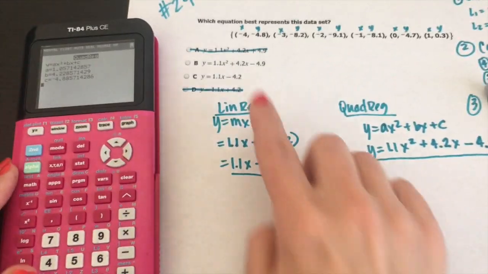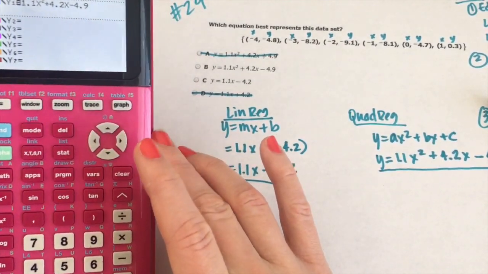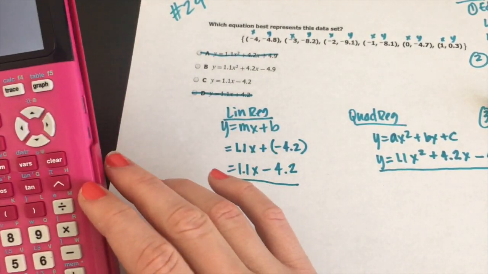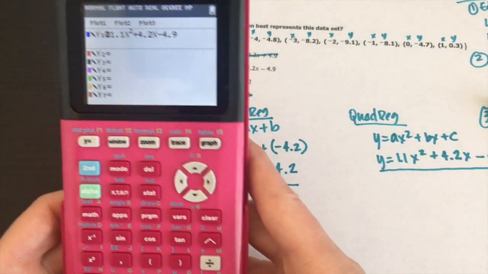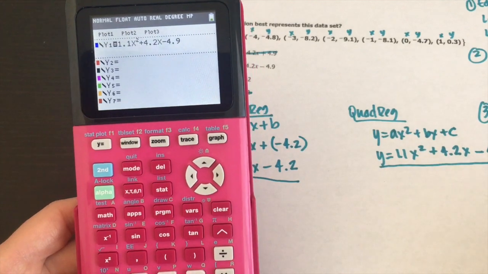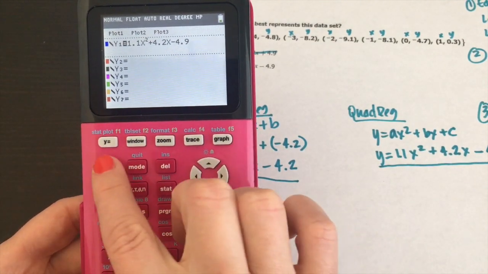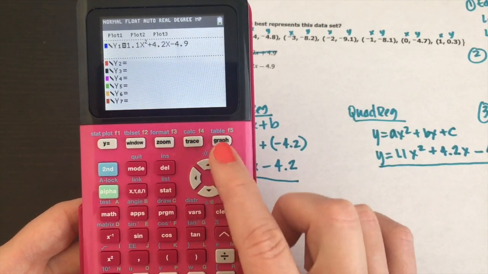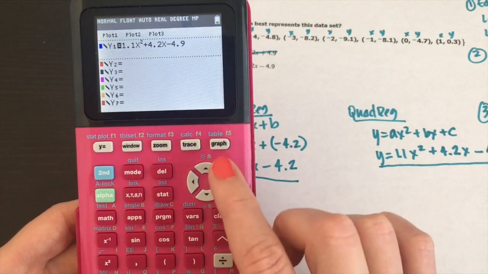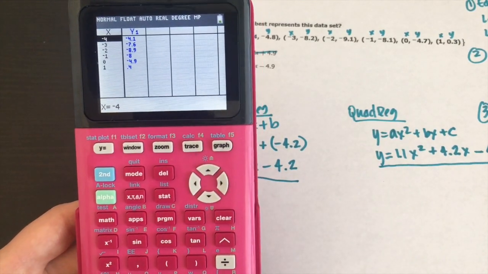All right, so let's take a look at it. So I put that one in the calculator, and hit graph. Now, I have a little method. We can hit graph, it's just going to show us the graph. I like to use the table function, and I've already put these points in here.